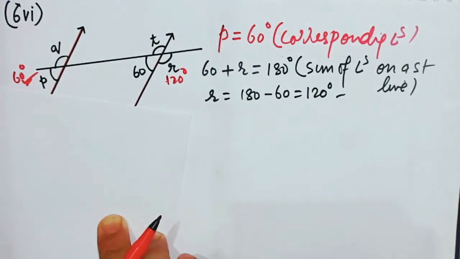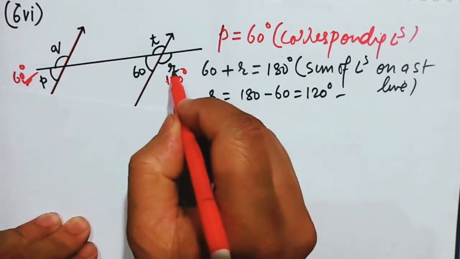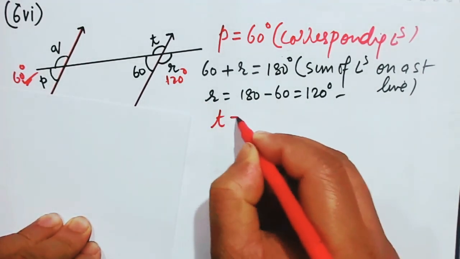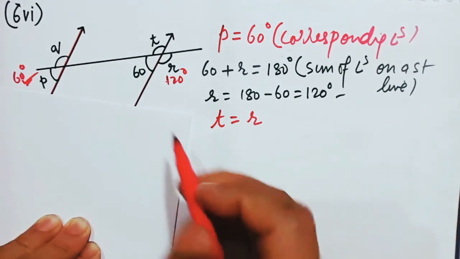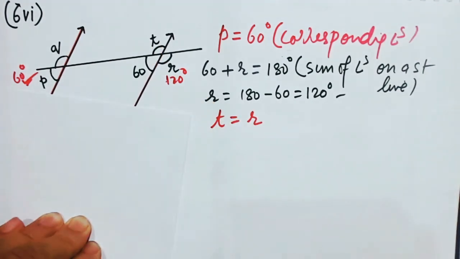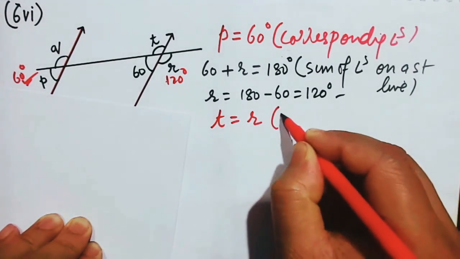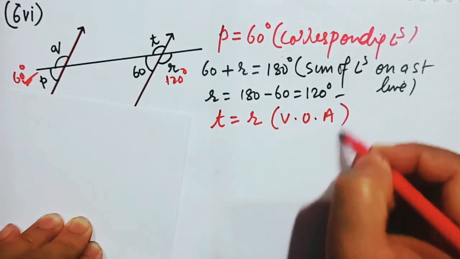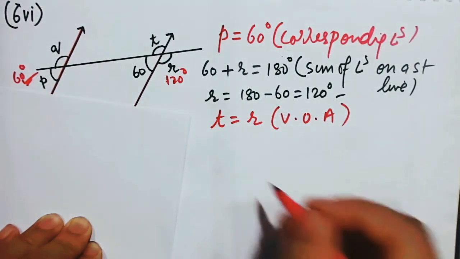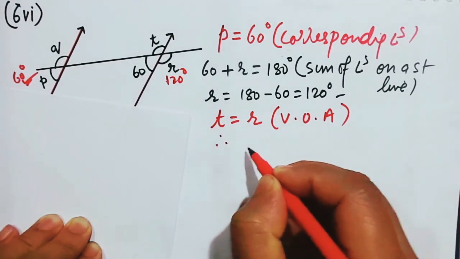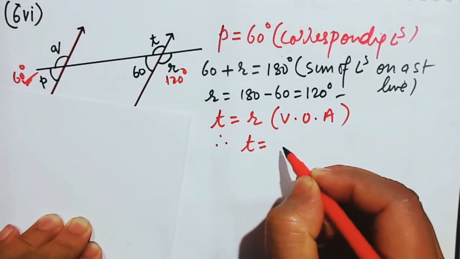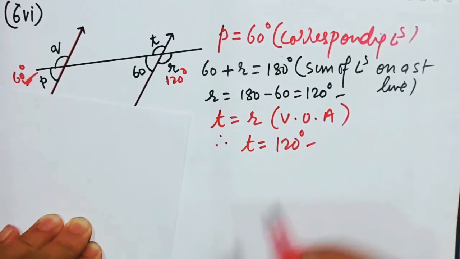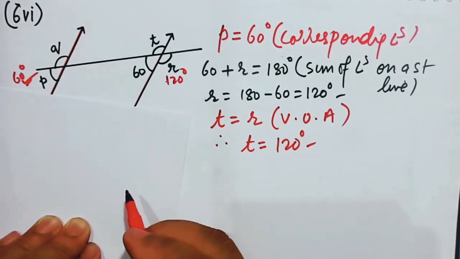Now, as soon as I found out the value of R as 120 degree, we can also find the value of T. T will be equal to R. Why will T be equal to R? Because they are vertically opposite angles, isn't it? Therefore, the value of T will be equal to 120 degree because the value of R was 120 degree.